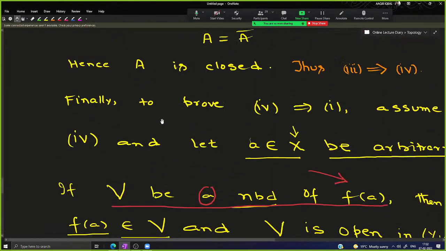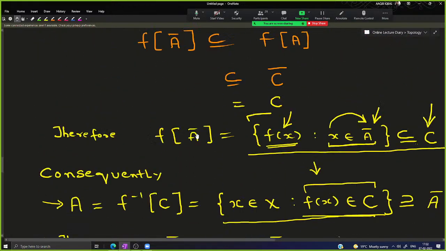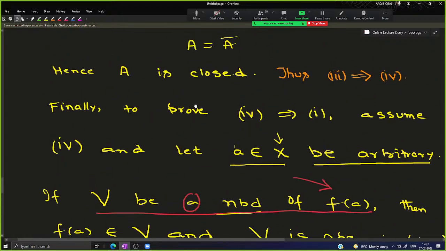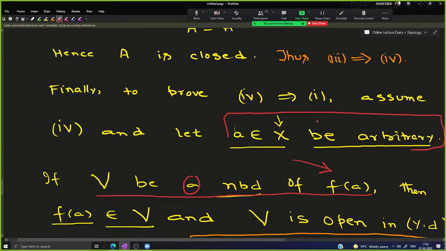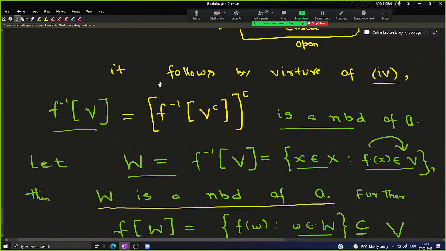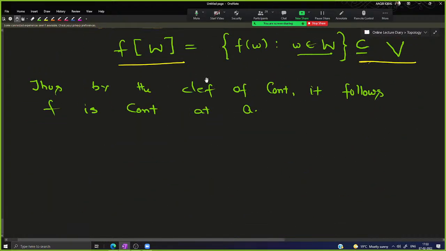Look above, the point A that we took was selected arbitrarily. I am showing you it's continuous at A. A was chosen arbitrarily, so that means it's continuous at every point of the space.